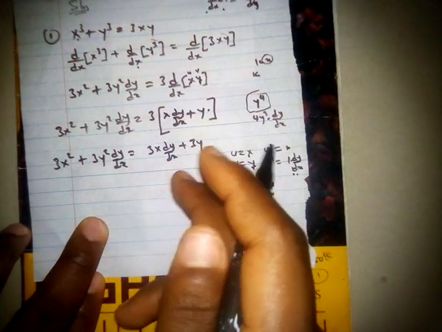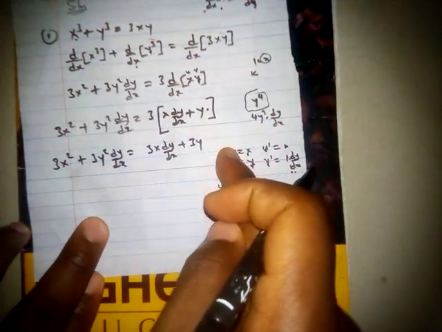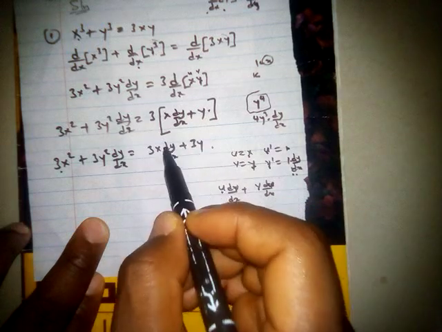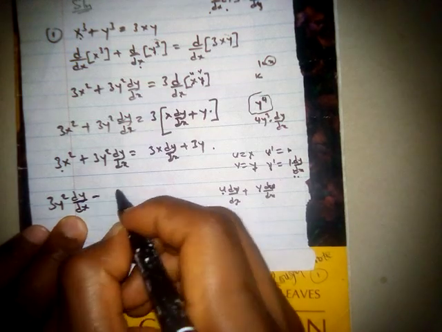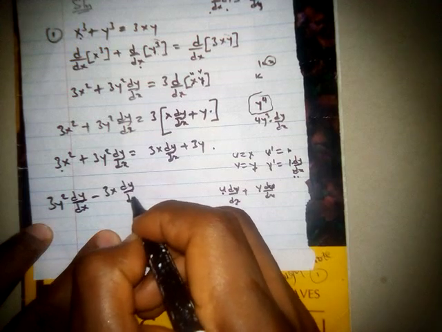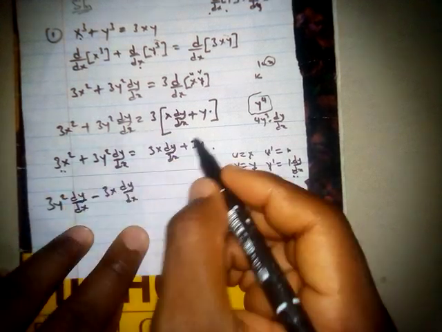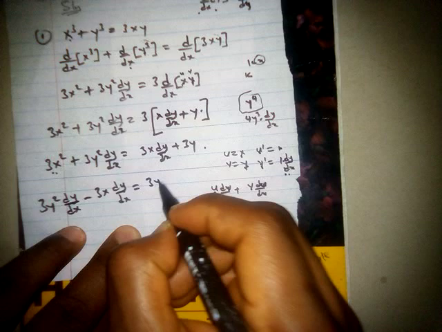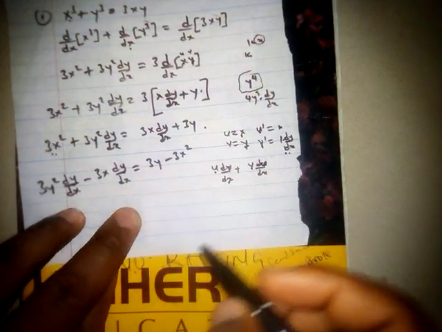I'll take this one to the other side, I'll take this to the other side, and I'll bring this forward. So I have 3y squared dy/dx minus 3x dy/dx, then taking this to the other side, I have 3y minus 3x squared.